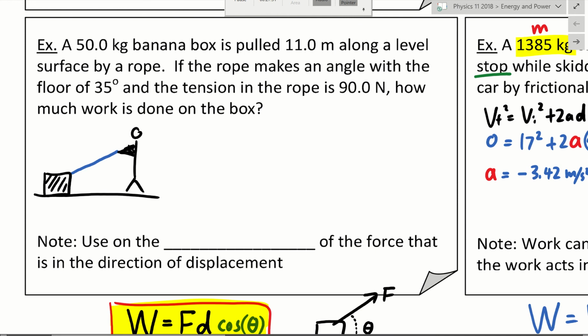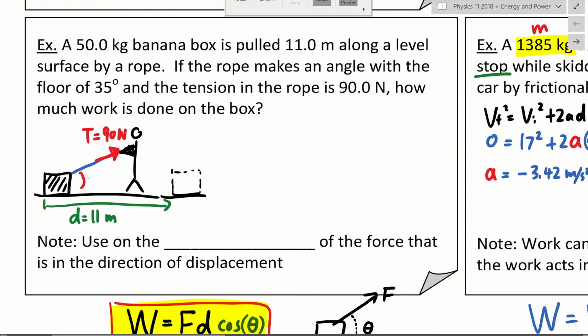Now, the question said you're able to get this moving to about 11 meters. So from here to here is 11 meters. That's your distance, 11 meters. The tension in the rope is 90. That's your applied force, right? So you're pulling right here. That tension is your applied force, 90 Newton.